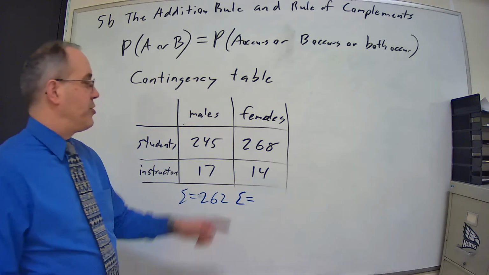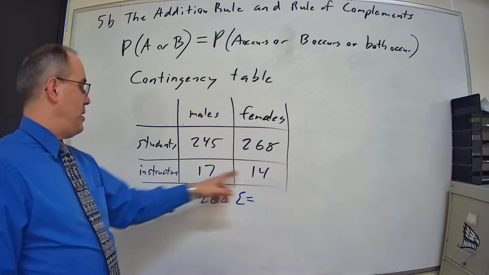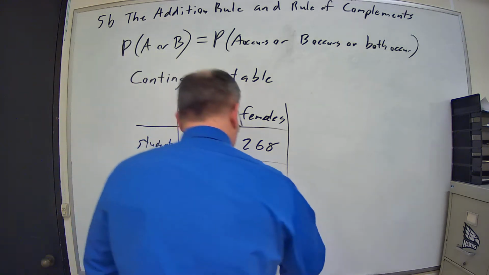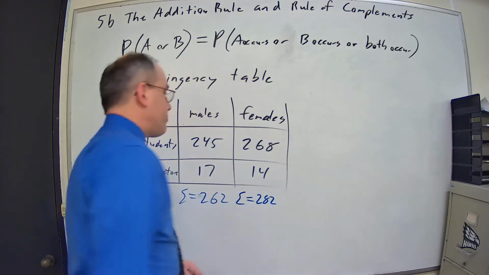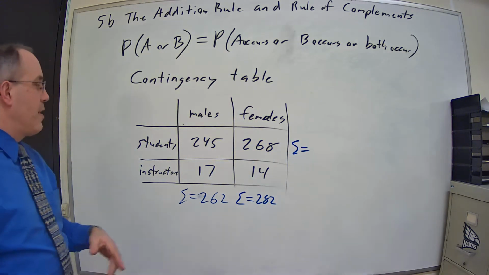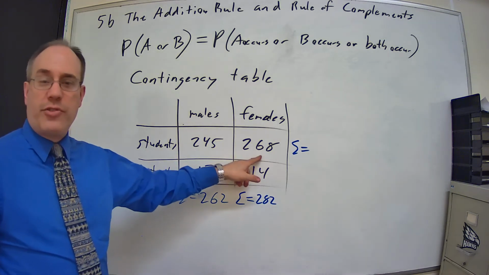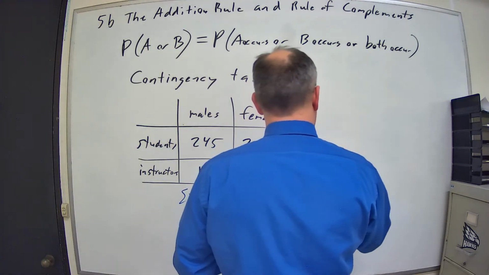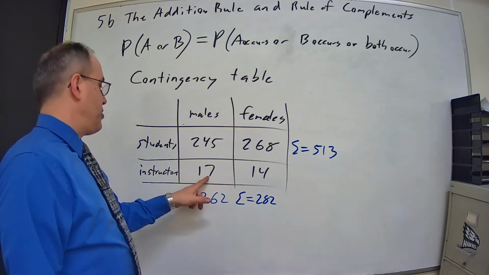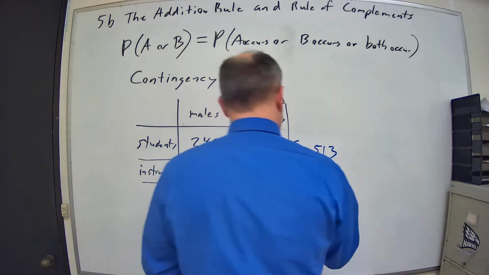How many females? 268 female students plus another 14 female instructors, 282 females. Let's also sum across: 245 male students plus another 268 female students is 513 students. 17 male instructors plus another 14 female instructors is 31 instructors.